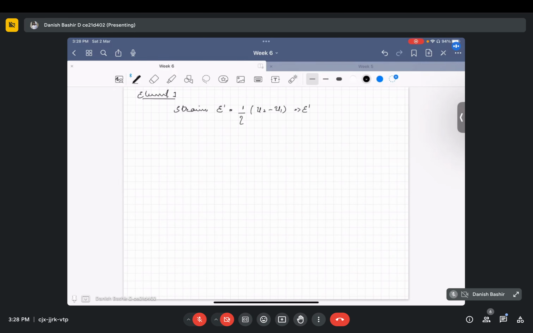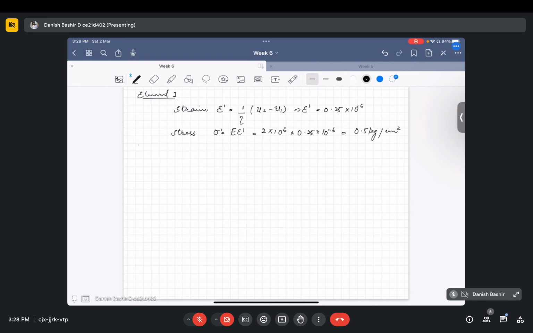Epsilon 1 comes out to be 0.25 times 10 to the power minus 6 strain, and stress will be sigma equals E epsilon. Sigma 1 will be E epsilon 1. So when you put E value 2 times 10 to the power 6 multiplied with the strain 0.25 times 10 to the power minus 6, you will get a stress of 0.5 kg per centimeter square. Okay.